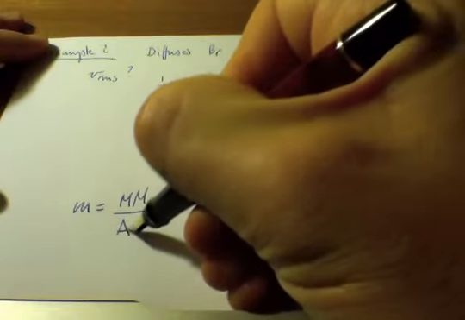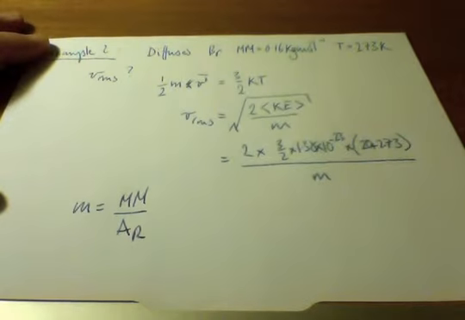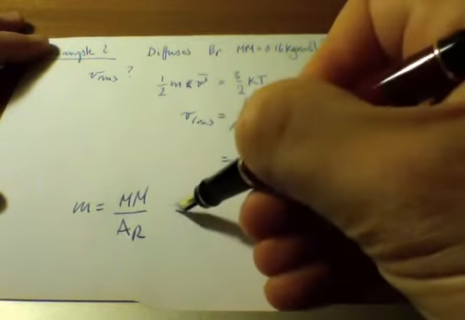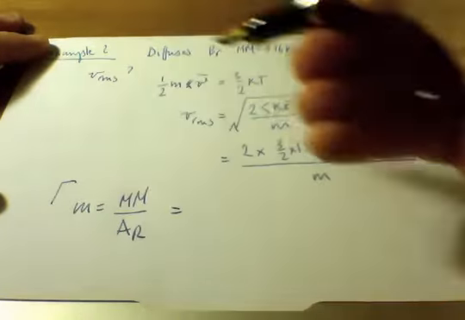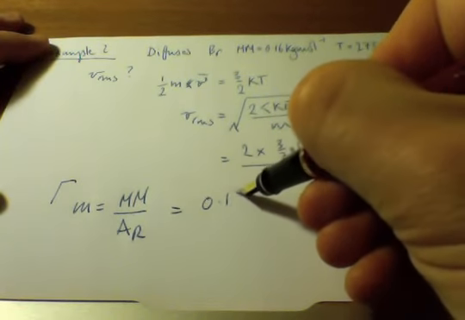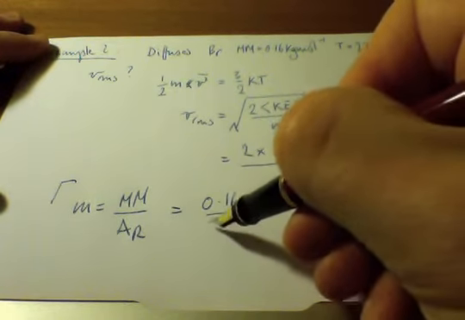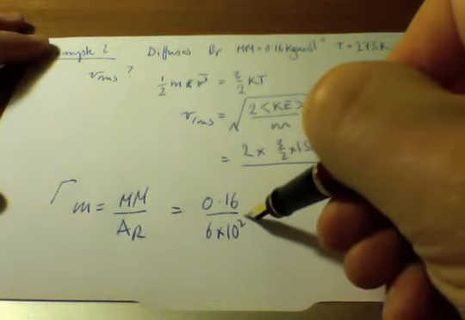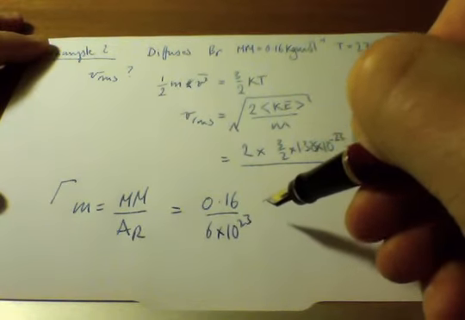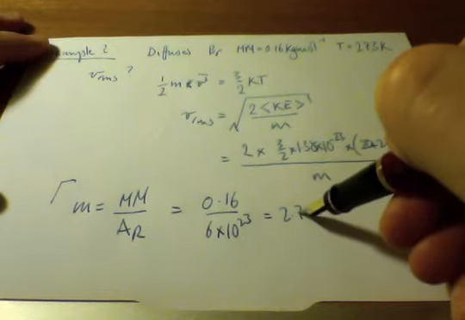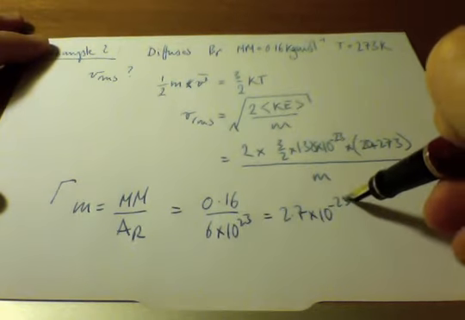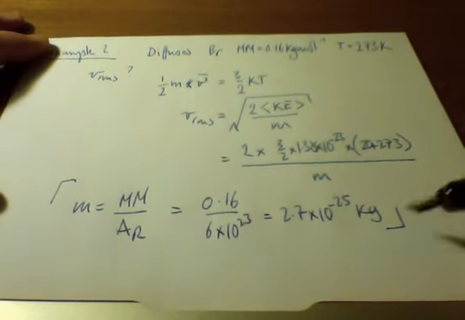The molecular mass divided by the number of particles in a mole will give us the mass of the one particle. So, 0.16 divided by 6 times 10 to the 23. And that gives us 2.7 times 10 to the minus 25, I believe, kilograms.